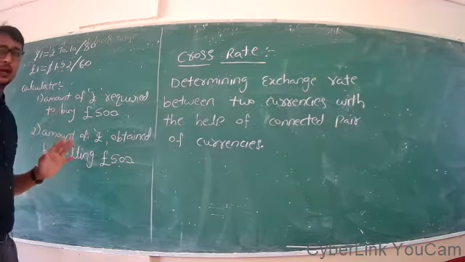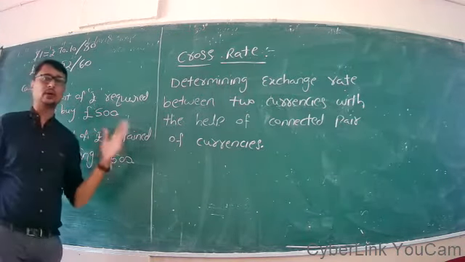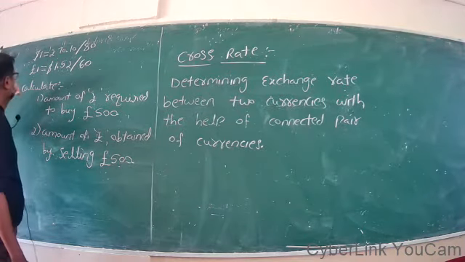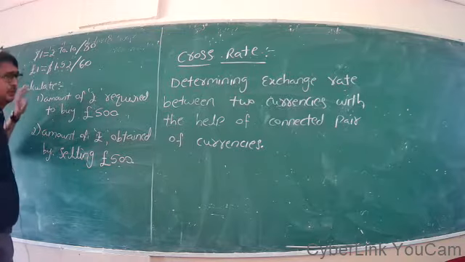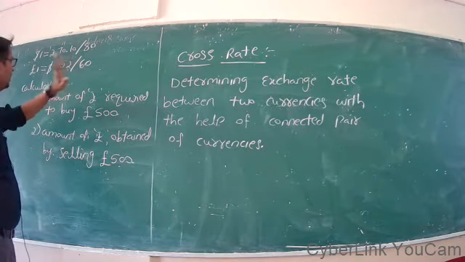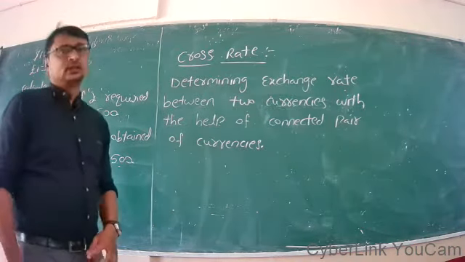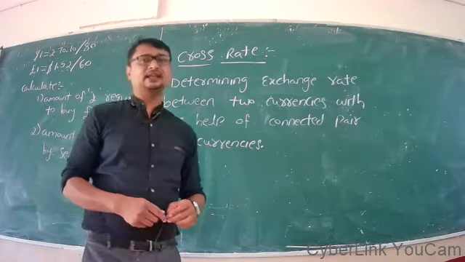There are two prices included in the single quotation, that's why it is called a two-way quote. Another bank says, 1 sterling pound, 1 GBP is equal to dollar 1.52 and 1.60. Again, there are two prices, bid and ask. We have discussed bid price and ask price in detail in the last few classes.